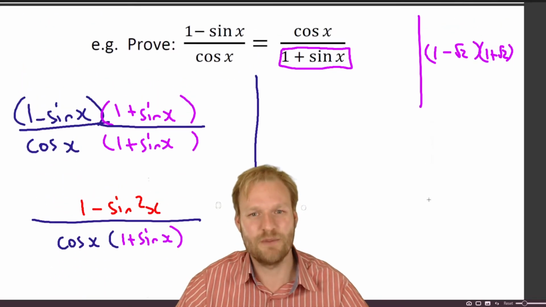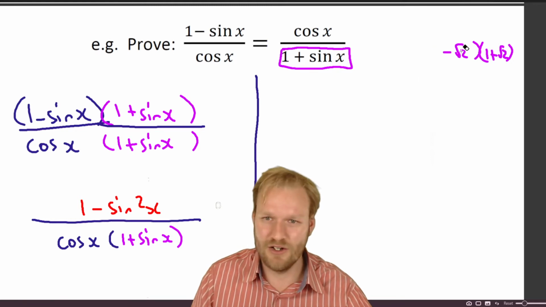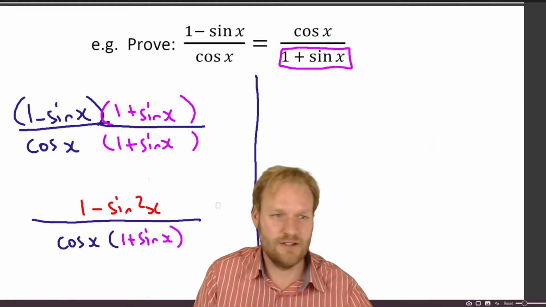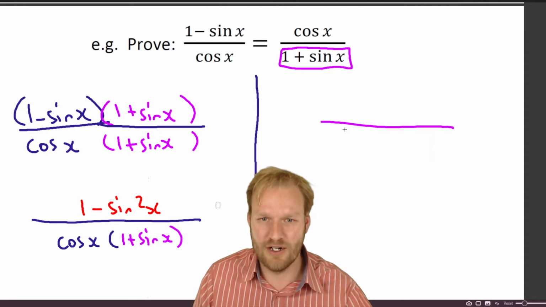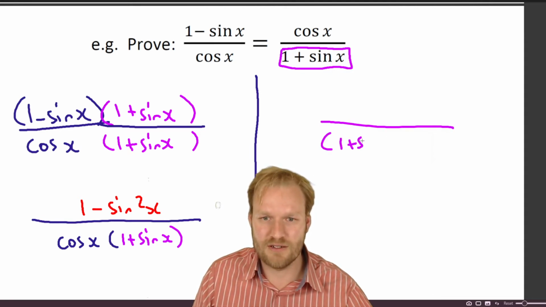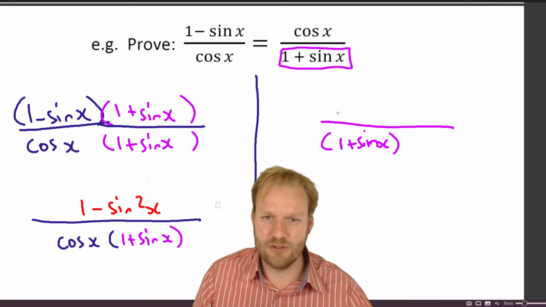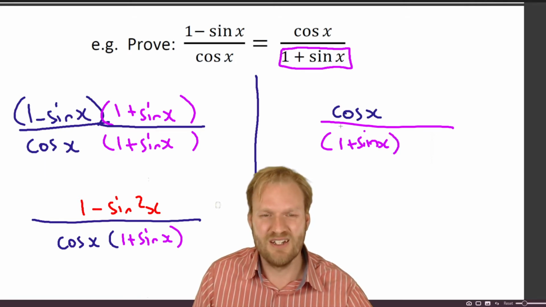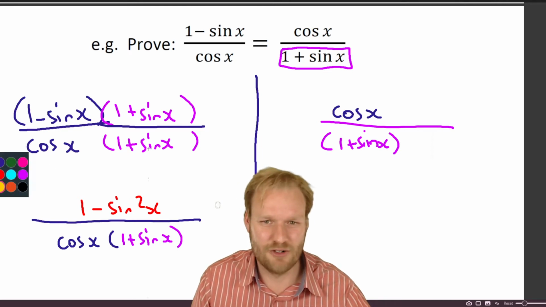Now, we could do something similar on the right-hand side. Knowing that, if we take this right-hand side, we've got our 1 plus sine x, and on the numerator we've got cos x, thinking the same idea in reverse.